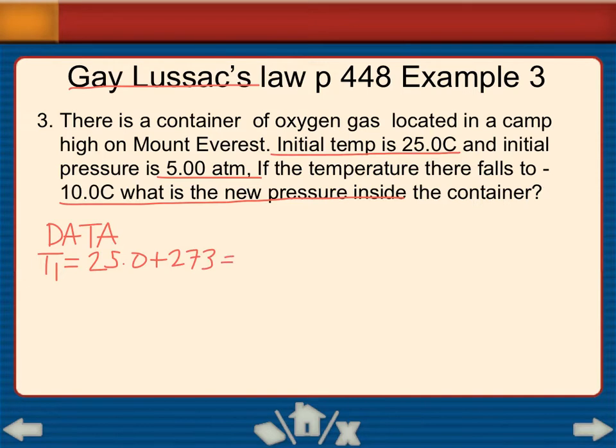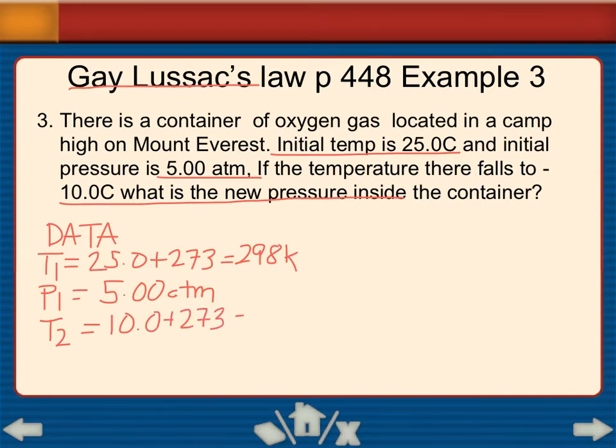We want to organize our data on the left-hand side. T1 is set at 25 degrees C, which we convert immediately to Kelvin by adding 273. The initial pressure, or P1, is 5 atmospheres. The new temperature will be dropping to 10 degrees C plus 273.